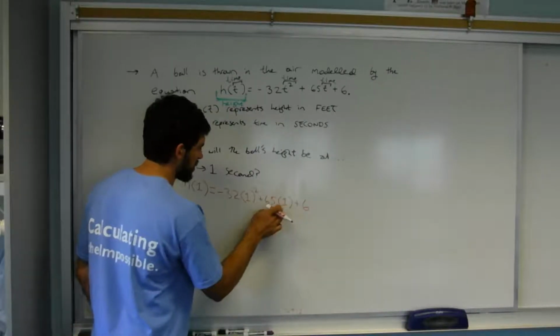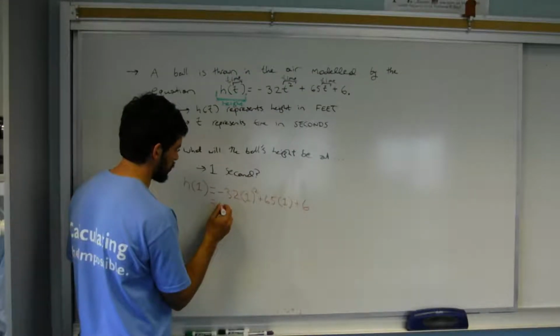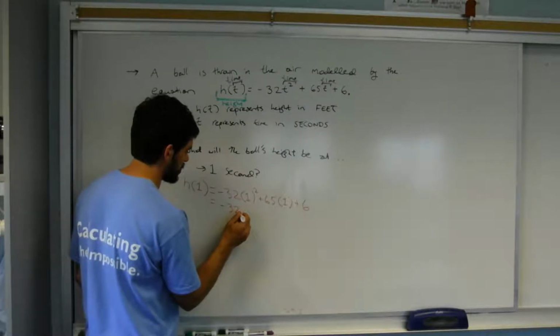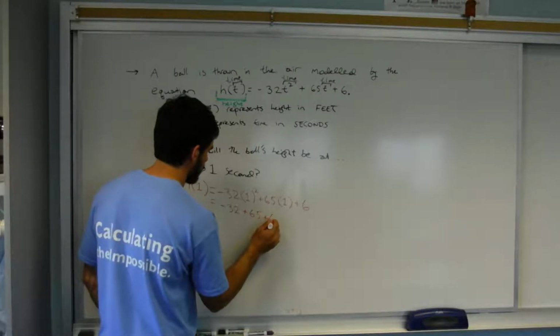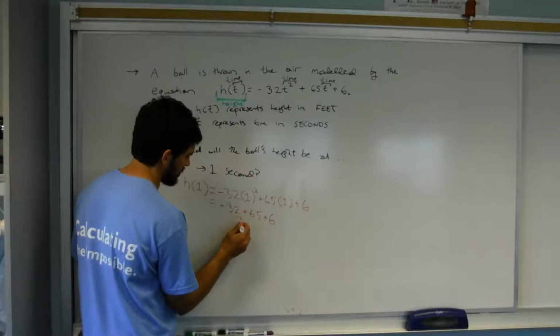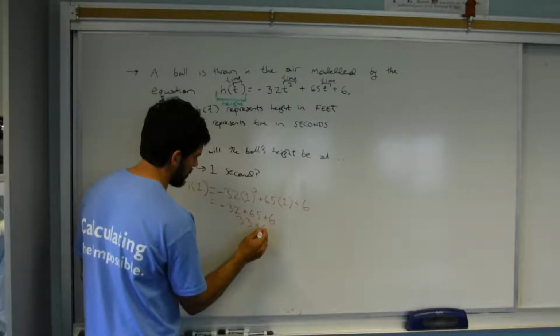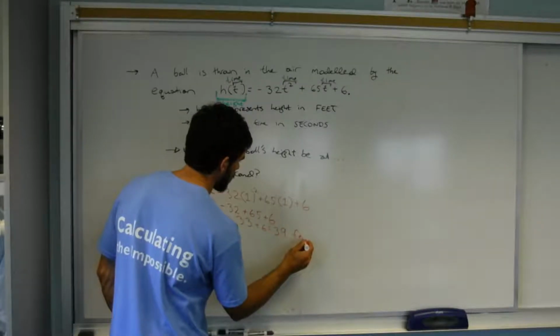And then we'll just solve this string of additions. 1 squared is just 1, so we'll get negative 32 plus 65 plus 6. Negative 32 plus 65 is equal to 33 plus 6, which is equal to 39 feet.